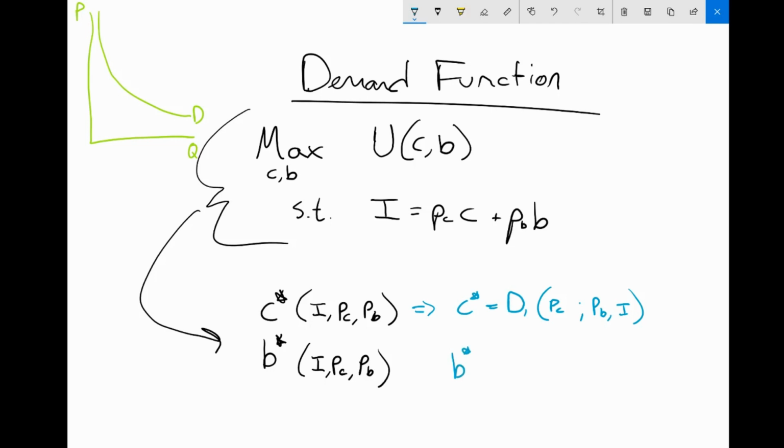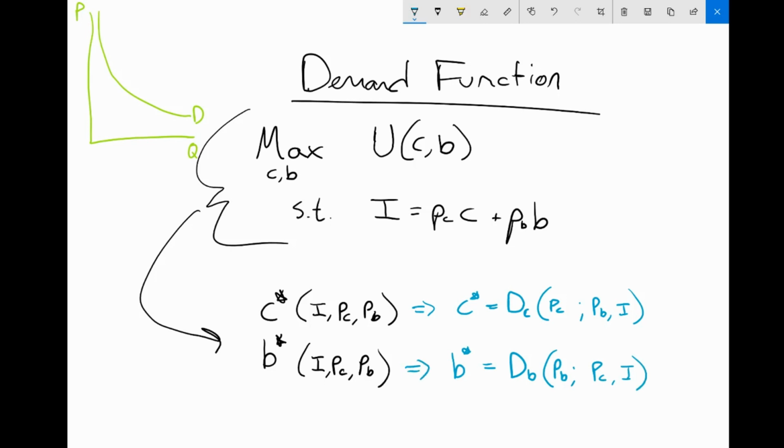B star is equal to a function, I'll call it D_C, D_B. So this is the demand function for coffee. B star is equal to the demand function for bagels as a function of the price of bagels, given the parameters, the price of coffee, and income.